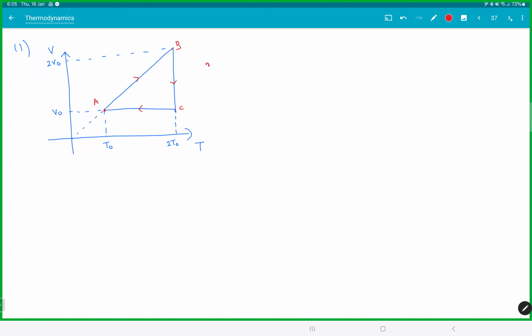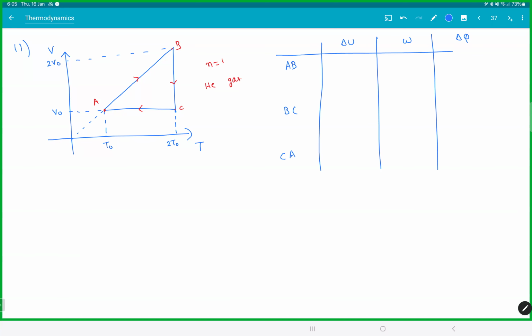Same story, n is 1, helium gas. AB, BC, CA, delta U, work done, delta Q. Fill up the table. And find efficiency.